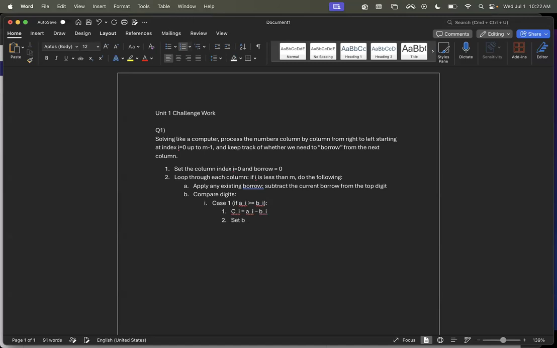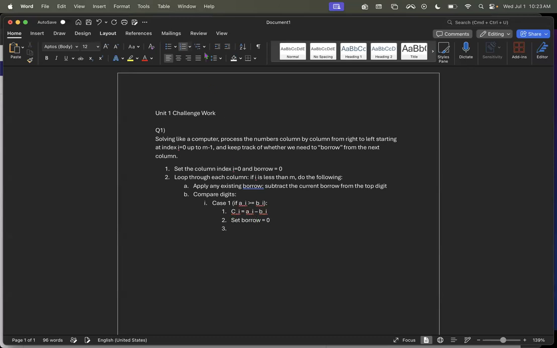And then we set borrow equal to 0 because the top digit A is bigger than the bottom digit B, and C will be the difference of those two. So if you have 19 minus 12, 9 minus 2 equals 7. In that instance, 9 is A, B is 2, and 9 minus 2 equals 7, which is C.